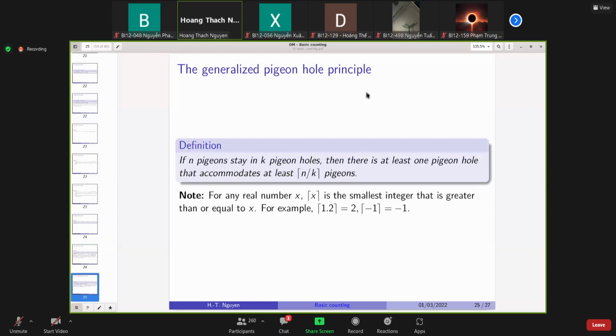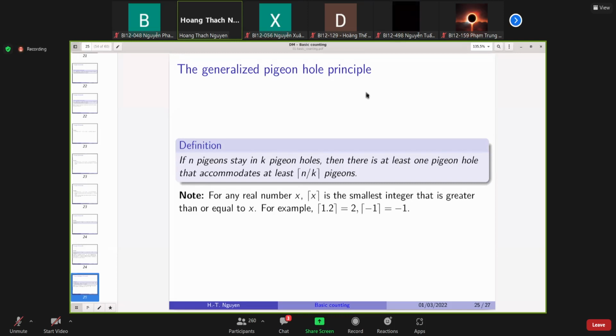So you may see that we can generalize the pigeonhole principle to have more than two pigeons in the same hole.